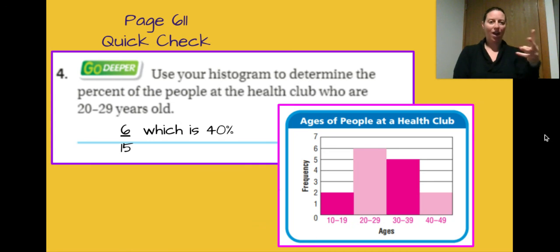This time, we need to add up all of the data points, which are 15 total, then look specifically at the 20 to 29-year-old grouping. There's 6 people in there, so it's 6 over 15. Divide that, and you get 40%.